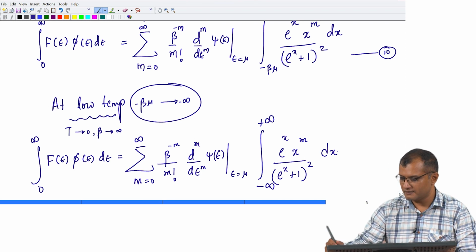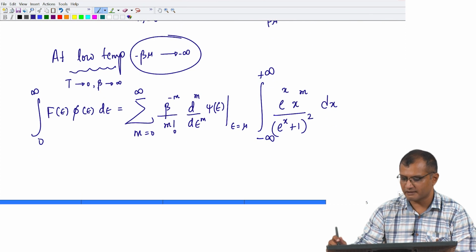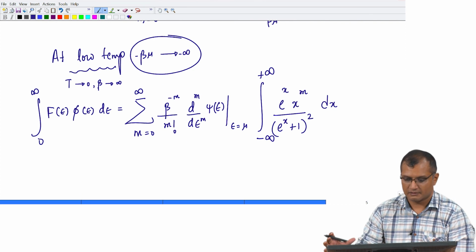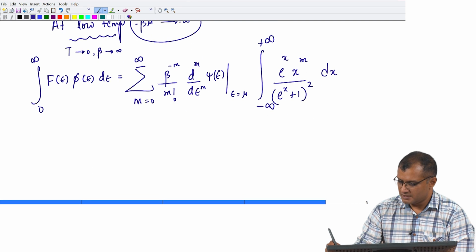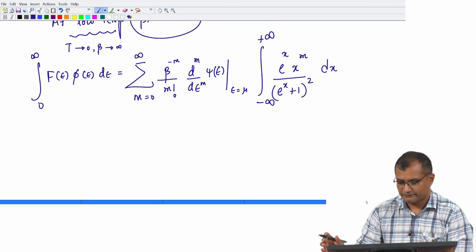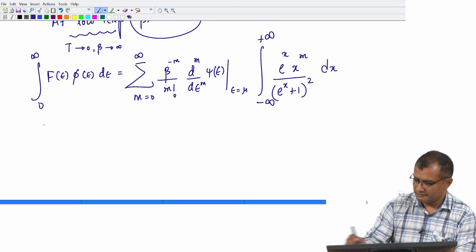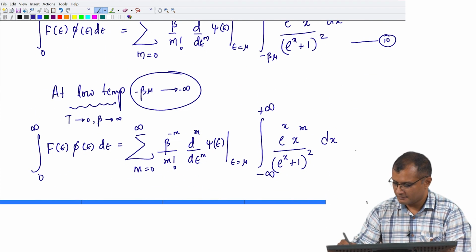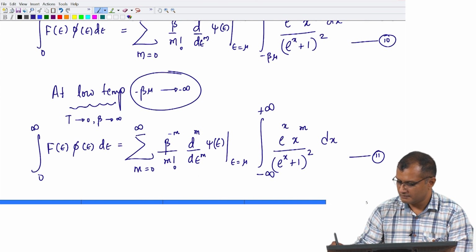Now, it seems that we have to just solve this small integral to compute our answer. Yes, but it is not a straightforward integral. Okay. So, let me call this equation 11.